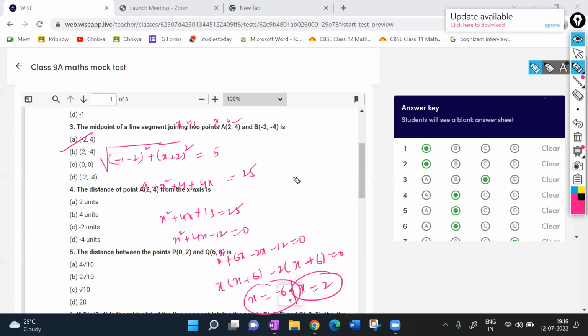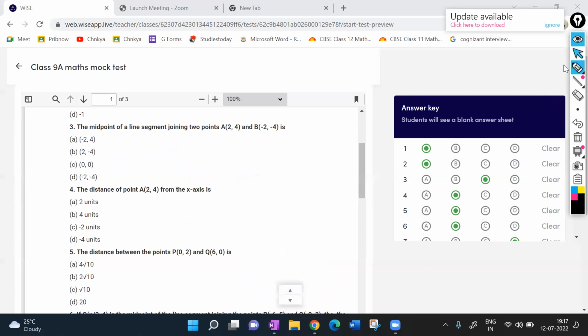So that is how I got 4x over there. This is a square, this is b square, this is 2ab. So if I do 2ab, that is how I got 4x. Okay. Next.